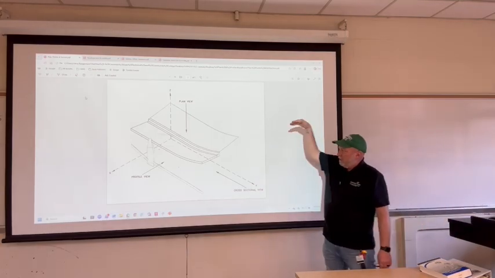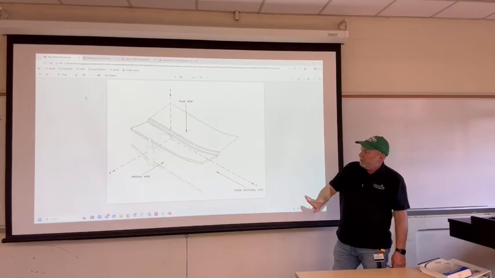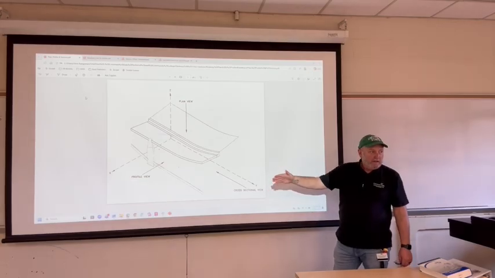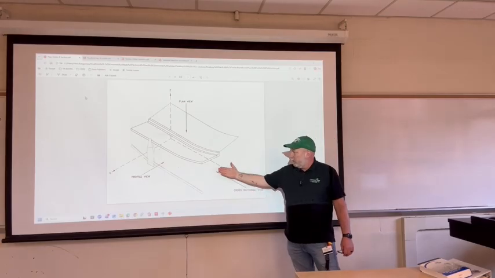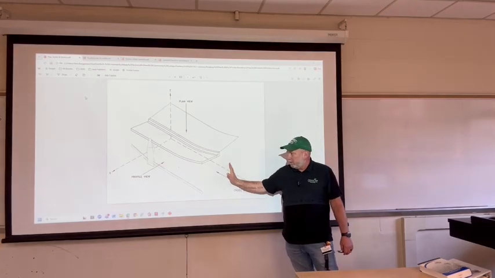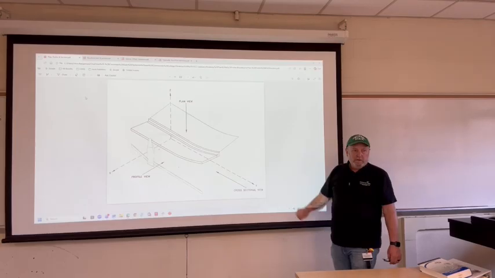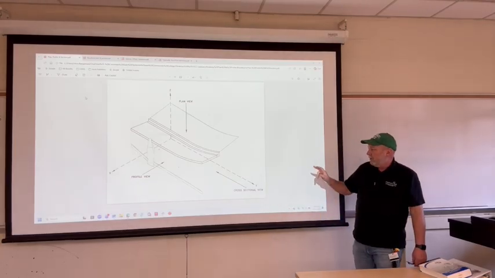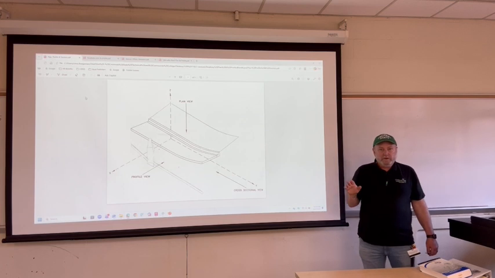The plan view would be looking down, like an aerial view, looking down flat. Your profile view would be slicing that alignment and looking at it from a vertical standpoint. The cross-sectional view was also vertical like the profile, however, it's perpendicular to that profile view. Profile and cross-section are vertical views perpendicular to each other.